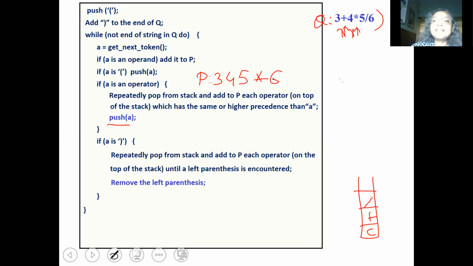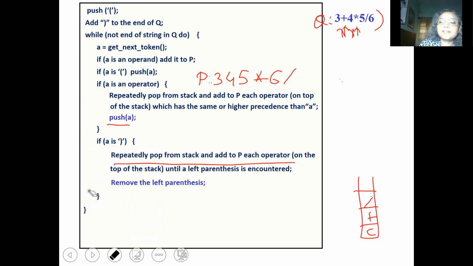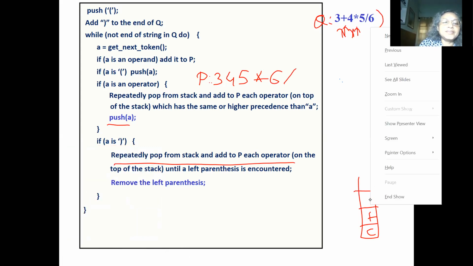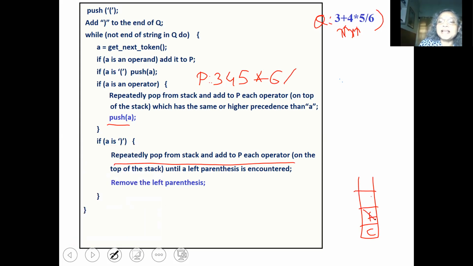Okay. And then we get a right bracket. If you have a right bracket, we will pop from the stack and add to P each operator until a left parenthesis is encountered. So we will now add slash. We will remove it from the stack. Then we'll remove plus from the stack and we will add it here.